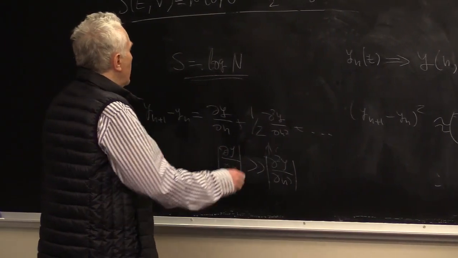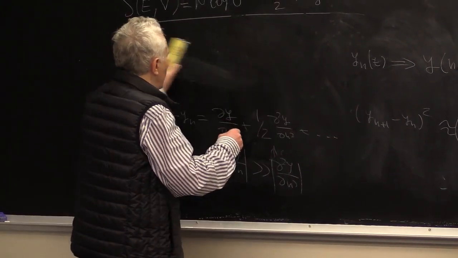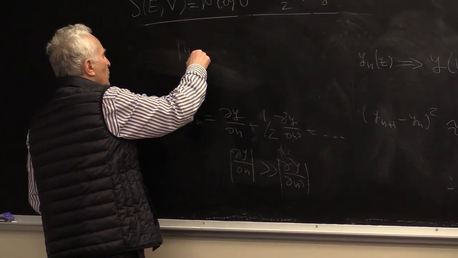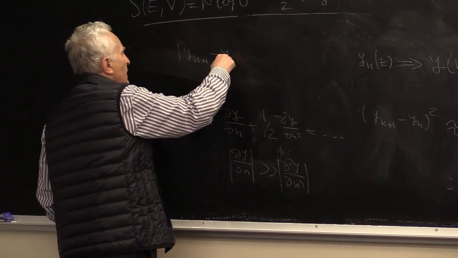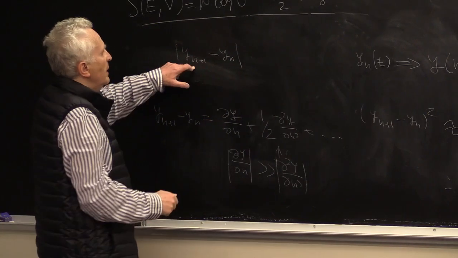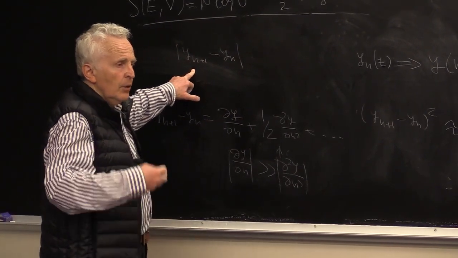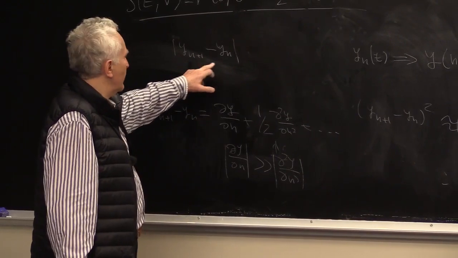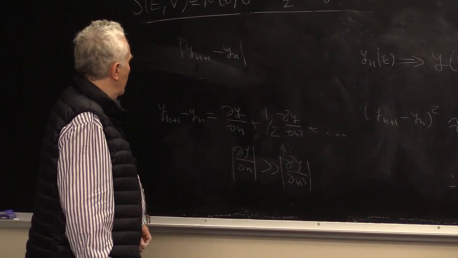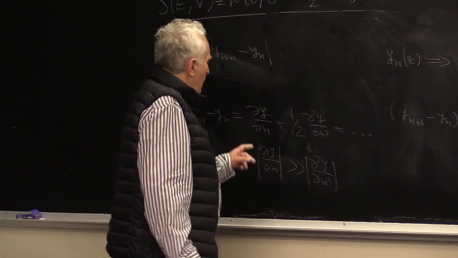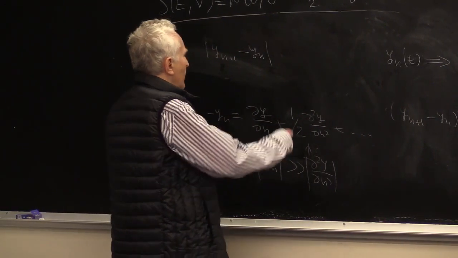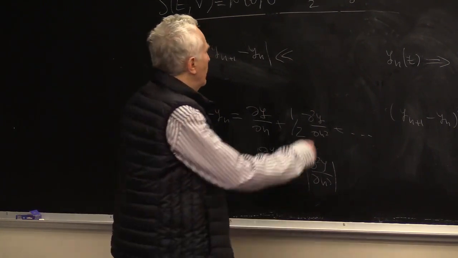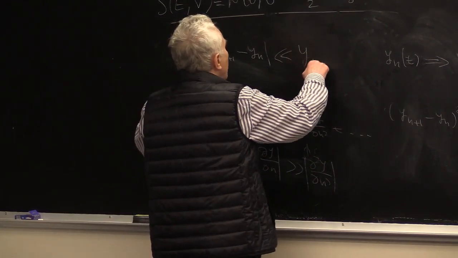You can also say a very simple, even more intuitive condition: for the process to look continuous, we need this quantity not to be large. So what would you suggest here? It's much smaller than what? It's much smaller actually than y_n itself.